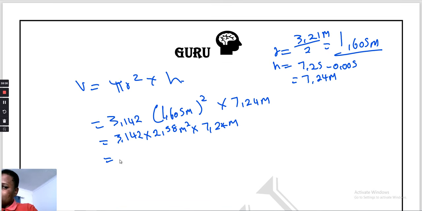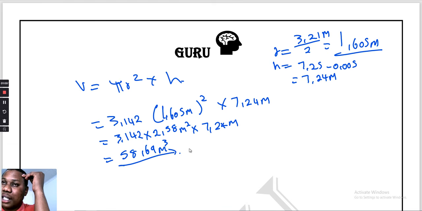That gives us 58.69 cubic meters. Okay, that is going to be our volume right there.